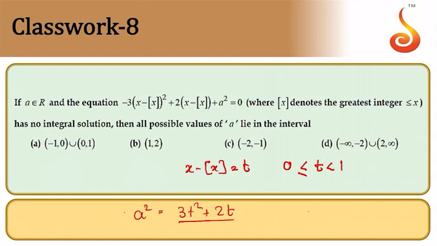So, it is always positive. 3t square plus 2t. T square is a fraction. T is also a fraction. So, it clearly indicates that a square will lie between 0 and 1. A square will always lie between 0 and 1.